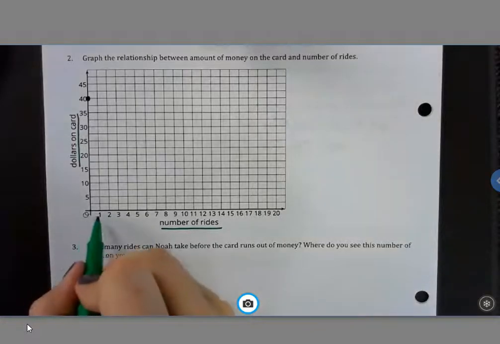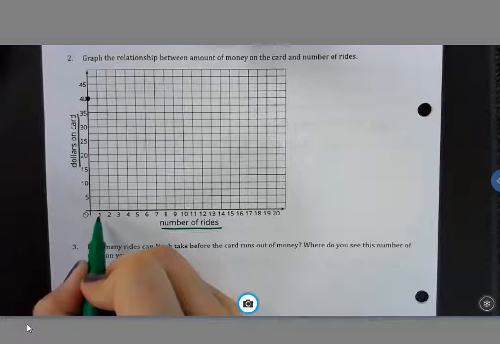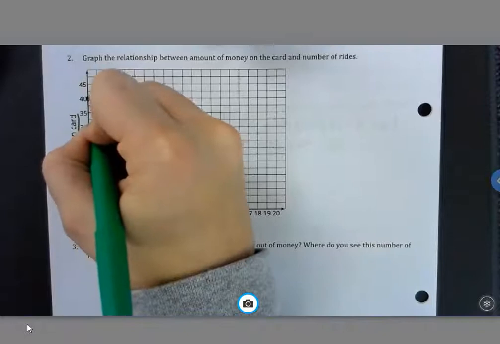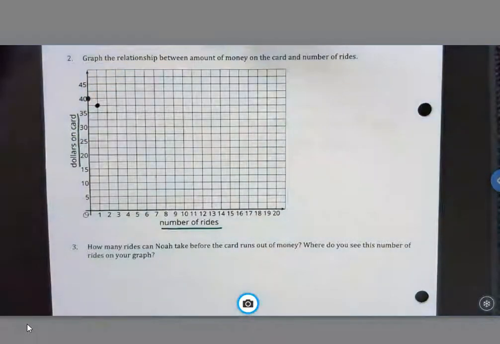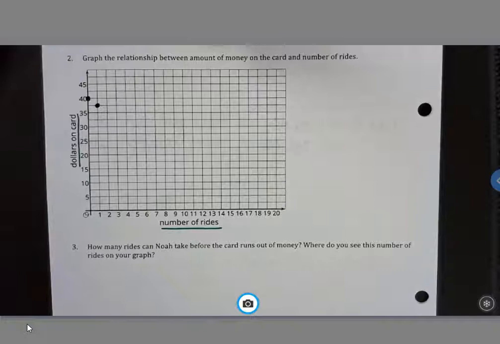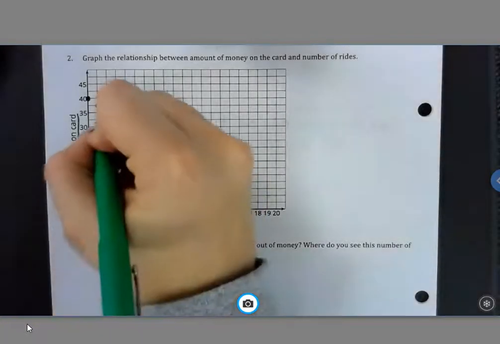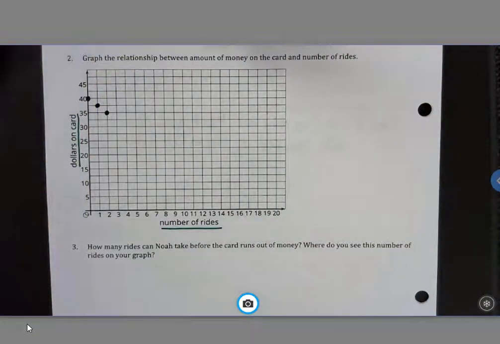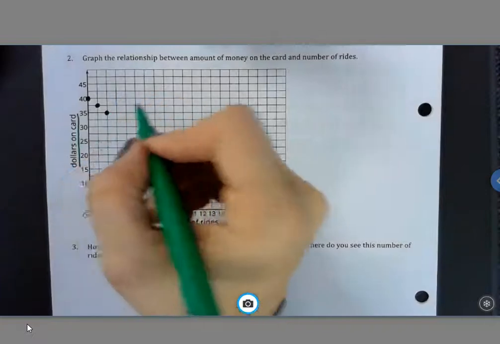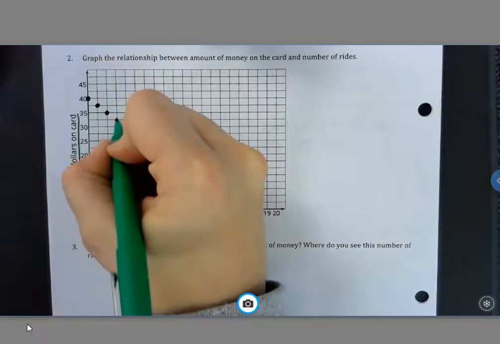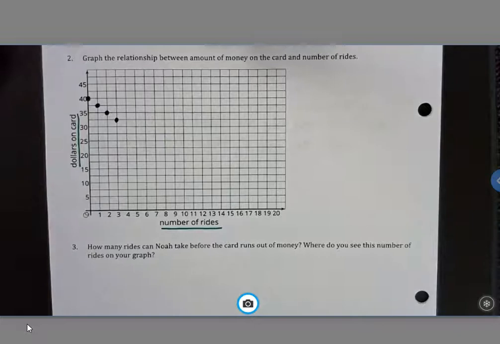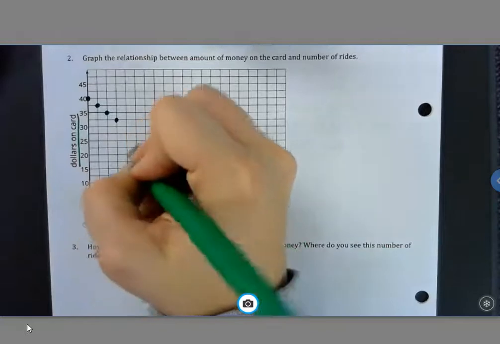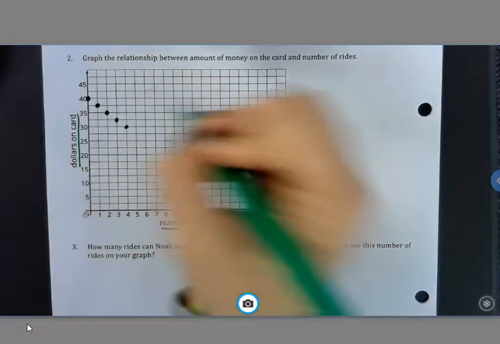Our next scenario was he took 1 ride and he has $37.50. Each of these boxes are going to be worth $2.50, so $37.50. 2 rides, he would be at $35. 3 rides, it would go down $2.50 again, so that'd be $32.50. 4 rides, it would go down $2 more and 50 cents, which would be $30.